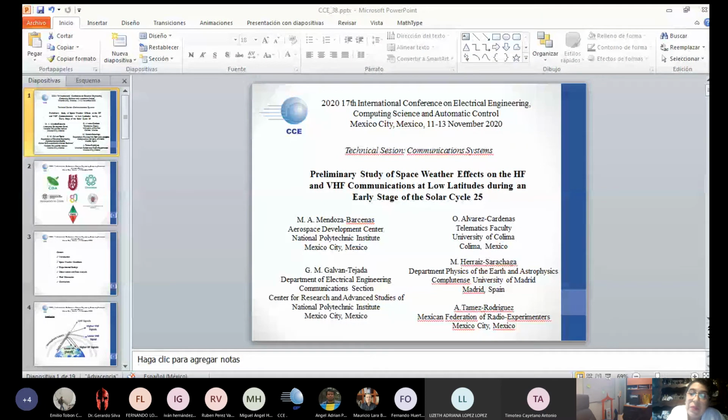On the other hand, probably many of you have heard about the solar cycle, and it is mentioned by the American space agency, NASA, that every 11 years or so, the sun's magnetic field completely flips. That means that the sun's north and south poles switch places. Then it takes about another 11 years for the sun's north and south poles to flip back again.